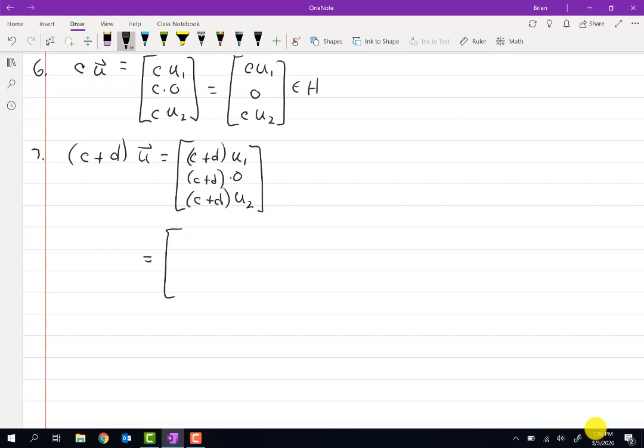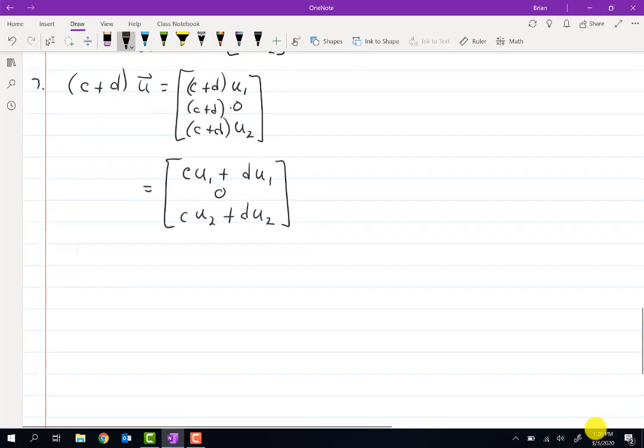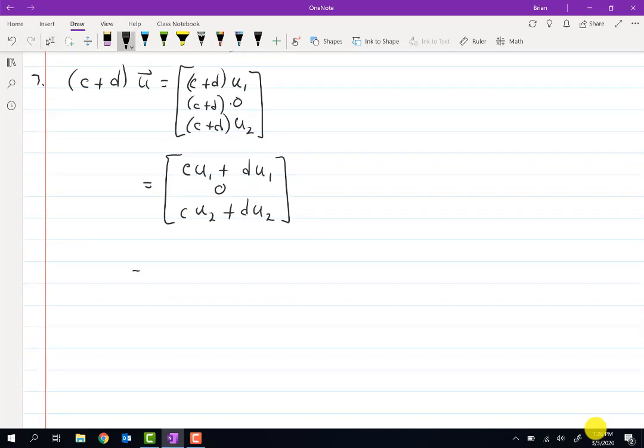Well, the real numbers themselves have distributivity as a property, so I can break up each of these by multiplying the U1 through. 0 times anything is still 0. Then we have CU2 plus DU2. And I can break these up.